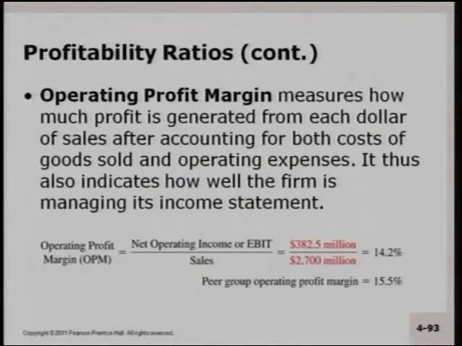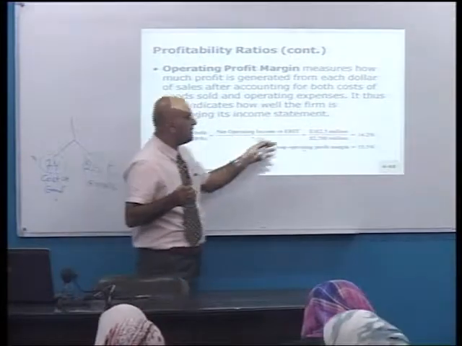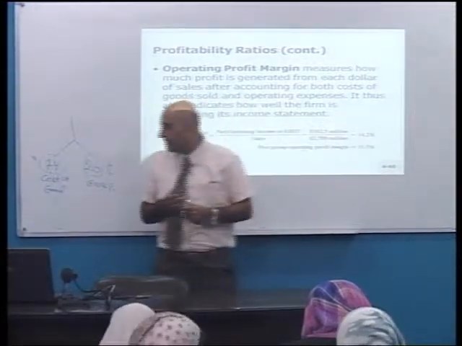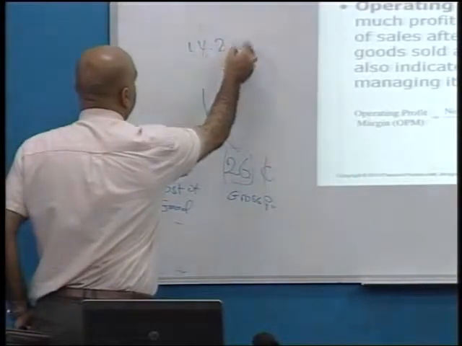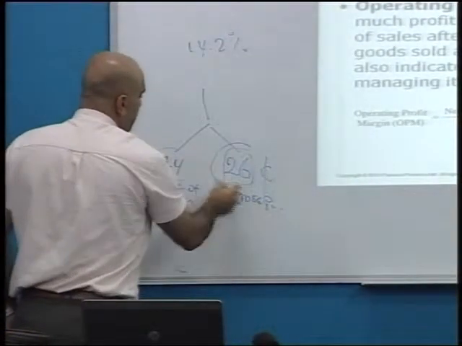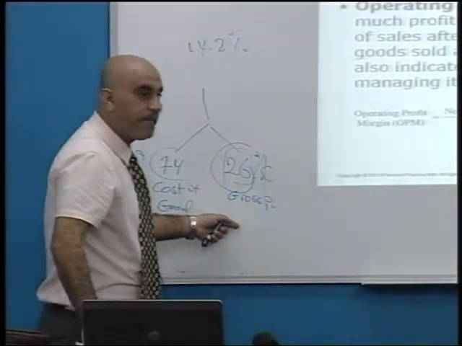The second one is the operating profit margin, which is calculated as the net operating income divided by the sales. So you have 14.2%, and we know the gross profit margin is 26%.